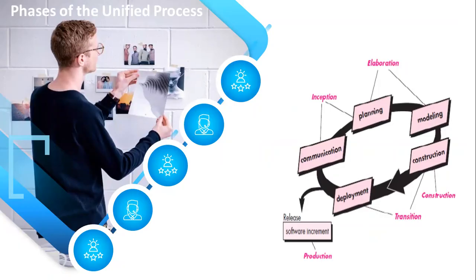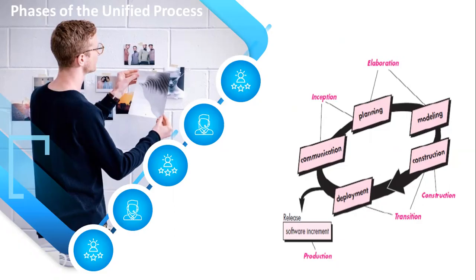The UML has become the standard diagrammatic language for modeling object-oriented software. While the UML provides a modeling framework for developing object-oriented software, it does not provide any process model. So this led to the development of the unified process, which is a process model for developing object-oriented software and uses the UML as the modeling language.